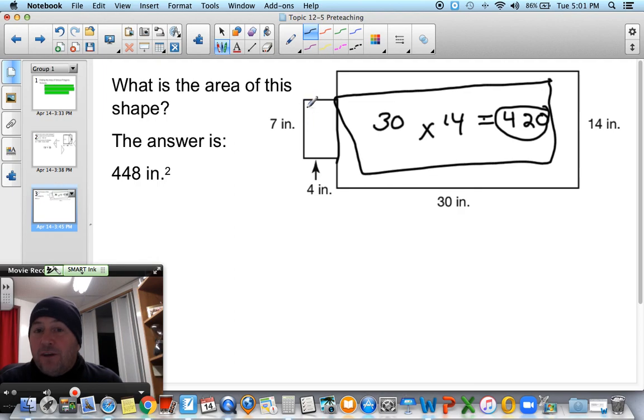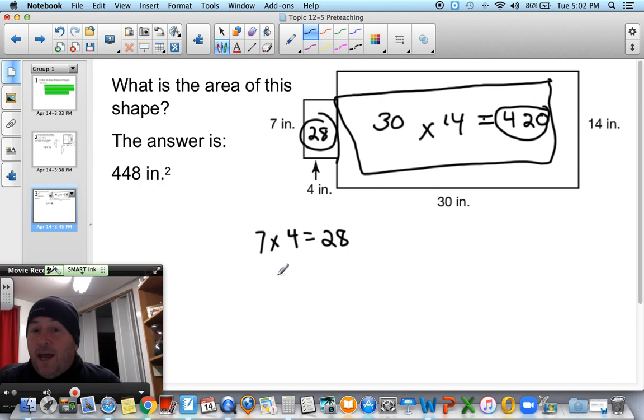Okay, so that's the area of this in here. Now we just have to figure out the area of this rectangle here. Well, of course, then that is 7 times 4, which is 28, okay? And so now we know that this is 28, and this big rectangle out here is 420.